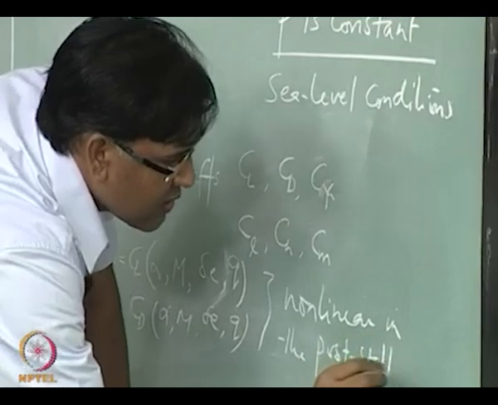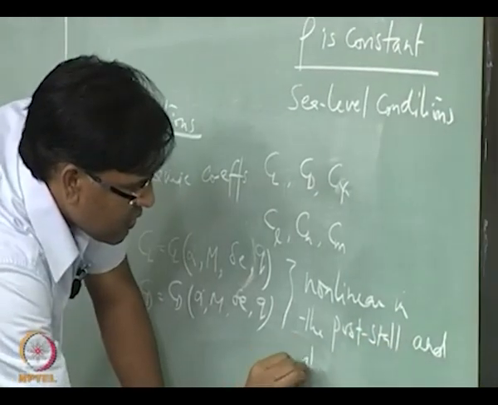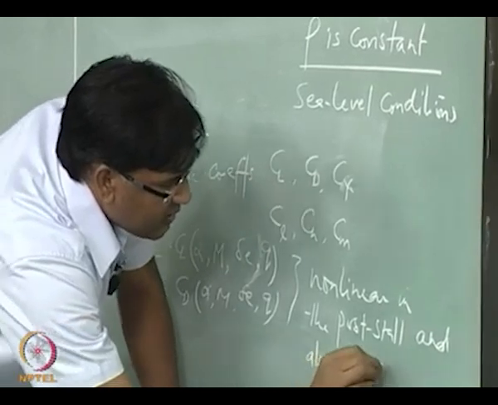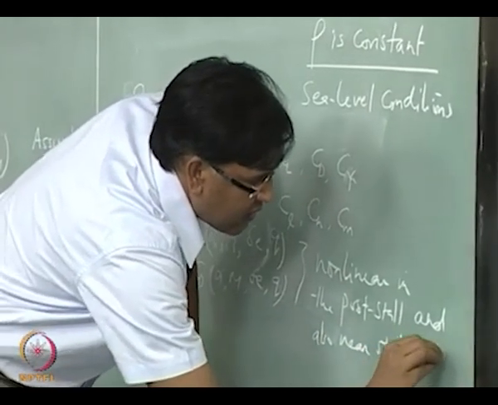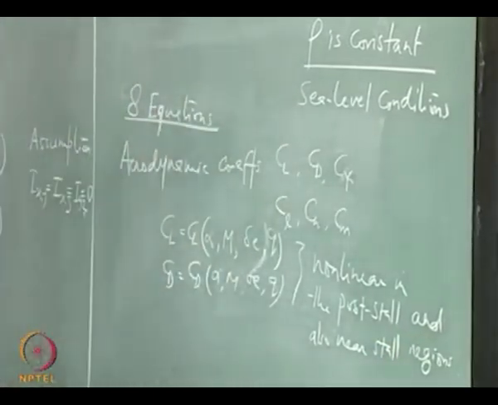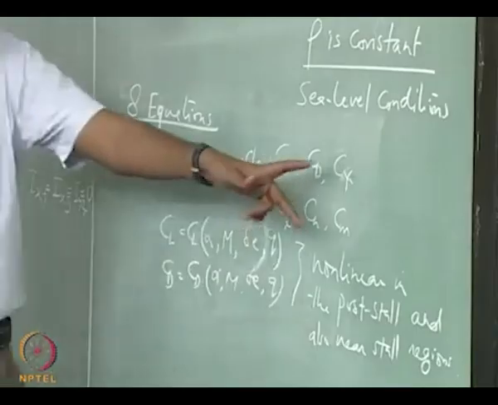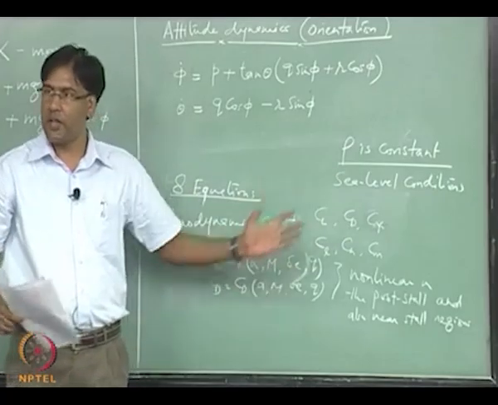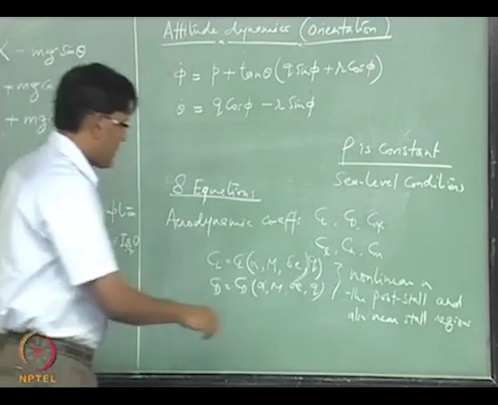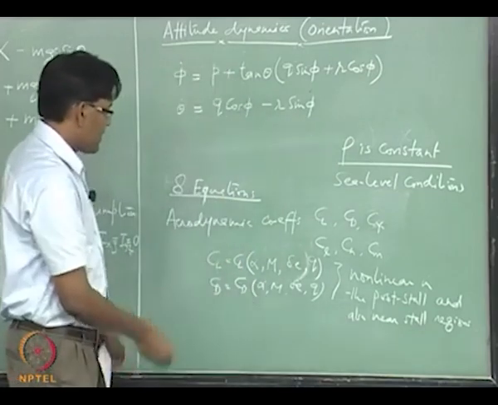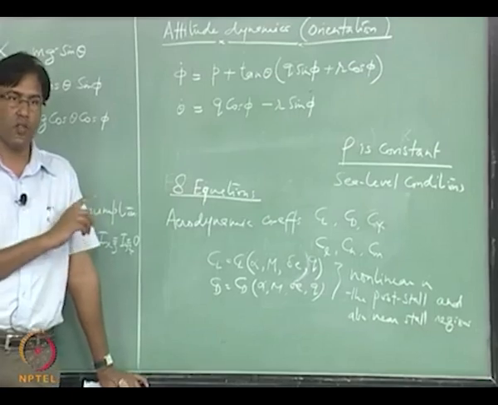Post stall and also near stall. So, in fact, all these aerodynamic coefficients are going to be nonlinear in the post stall regions. Okay, so this is one source of nonlinearity.